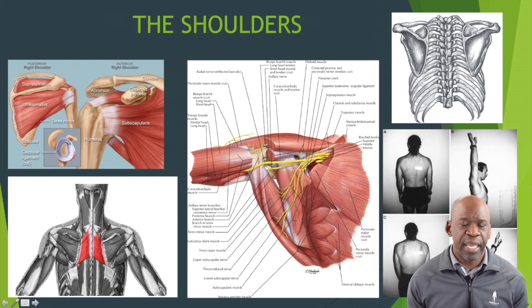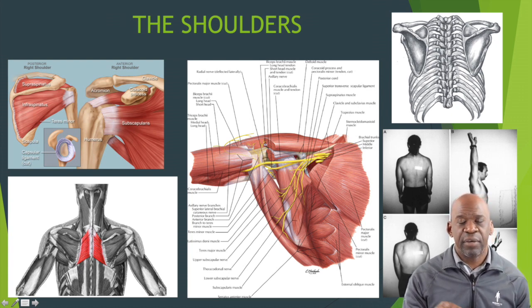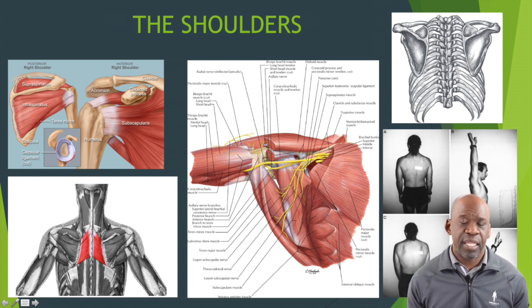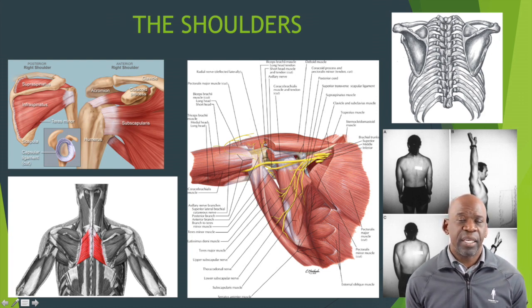And as with the neck, these nerves travel in, around, and through the muscles of the upper chest and of the upper extremity. And just as with the head and the neck area, if the muscles of the chest, upper back, shoulders, and arm are not functioning properly, this can have an impact on the nerves and the blood vessels of the upper extremity.